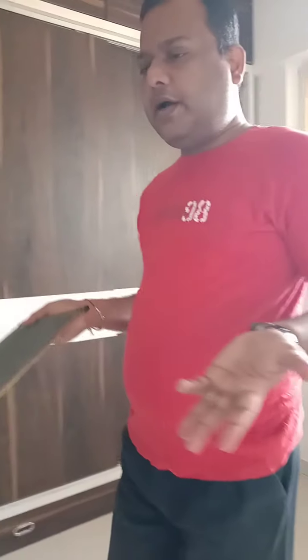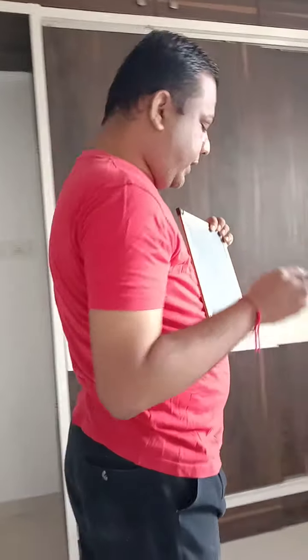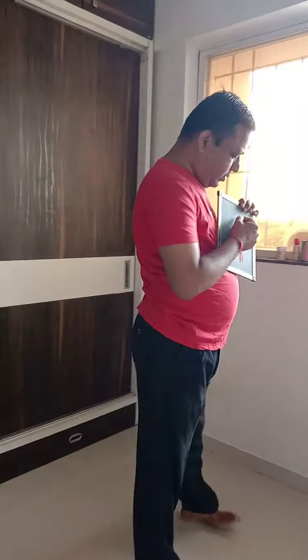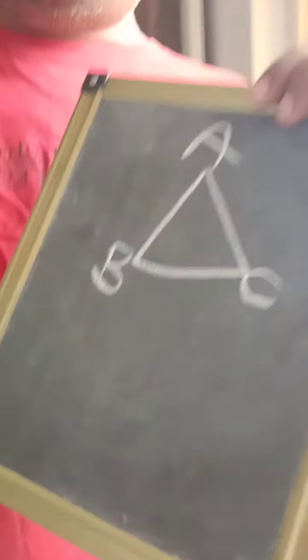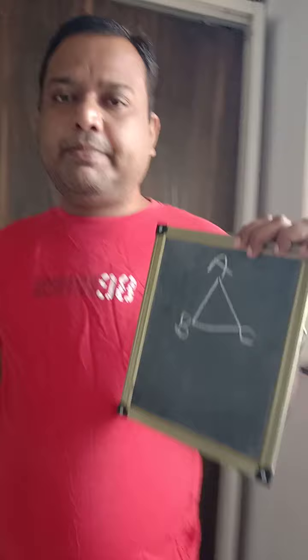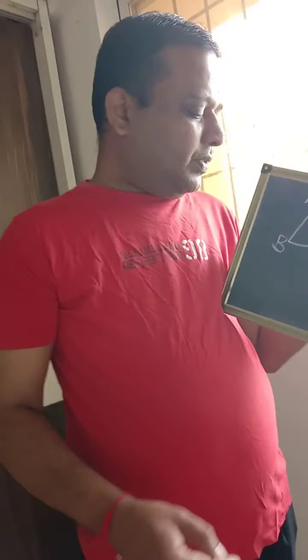So we take an example. I construct a triangle this way and name the points A, B, C. Let ABC be a triangle.